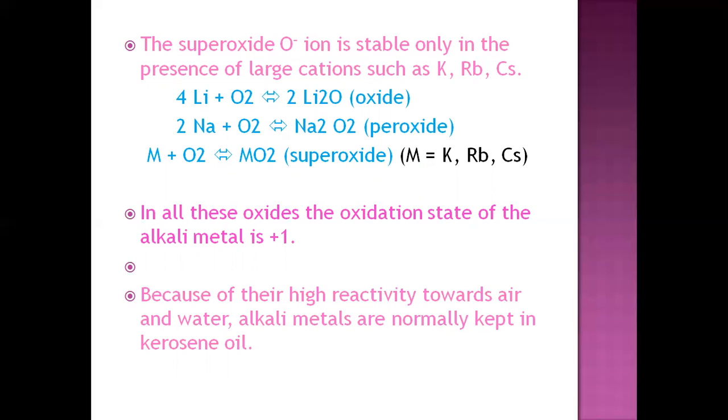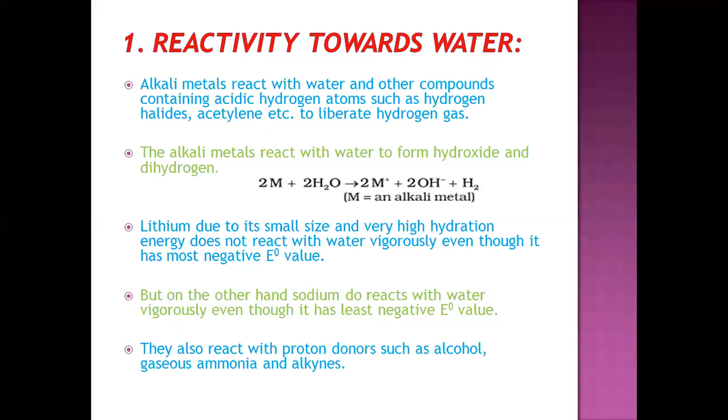Because of their high reactivity towards air and water, these alkali metals are normally kept in kerosene oil, and lithium, being highly reactive and of low density, is wrapped inside paraffin wax so that it will not react with the atmospheric air or other gases present in air.